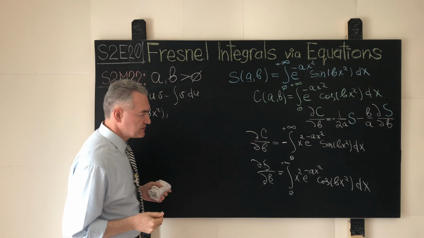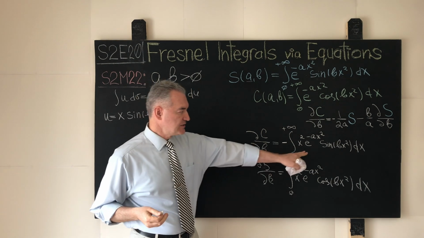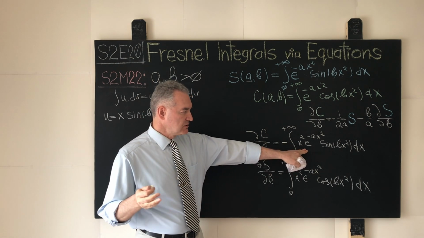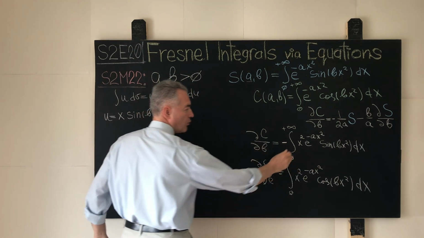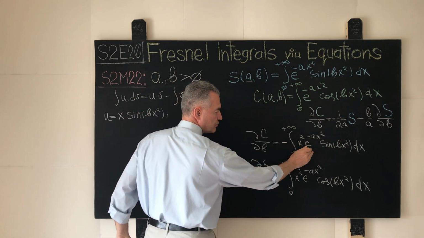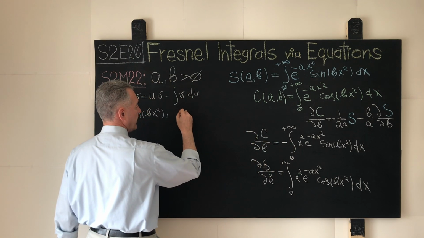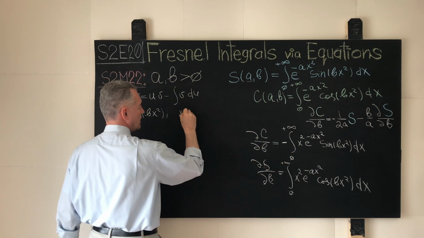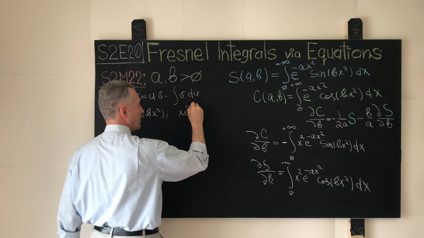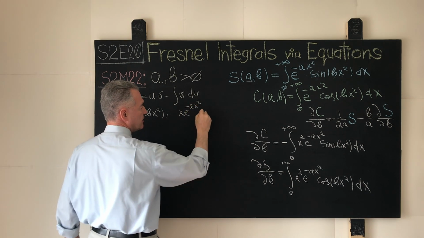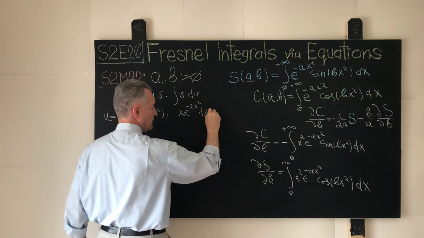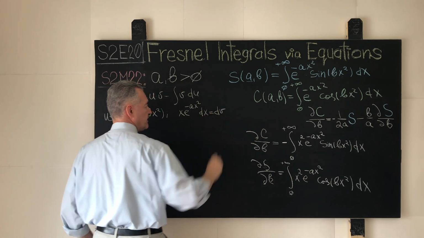Then what does v become in this case? Well, what is the leftover from this partitioning or carving up process? Well, we have one copy of x glued to the exponent. So we will write x times e to the power minus ax squared dx equals dv.